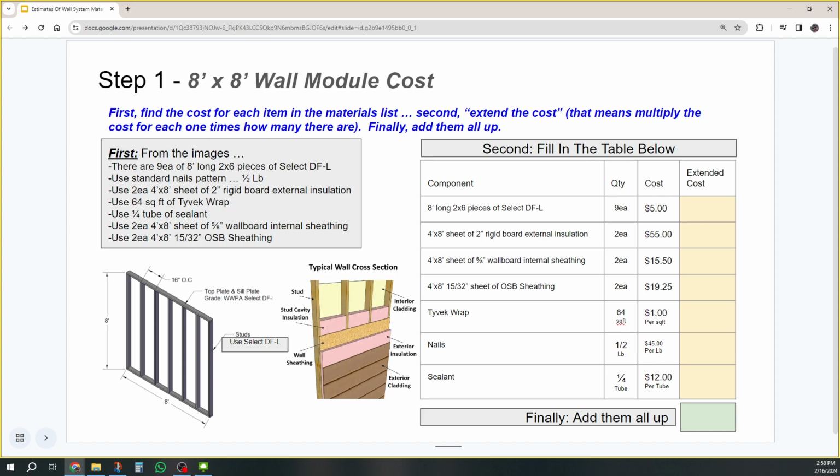So the first thing to do is to figure out the module cost. I'll look at these images first and figure out what's there. I count a bunch of studs: 1, 2, 3, 4, 5, 6, 7, 8, 9.